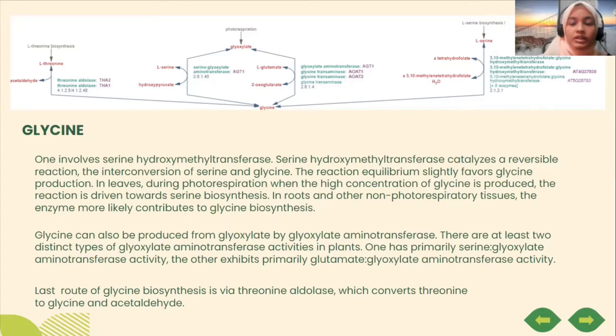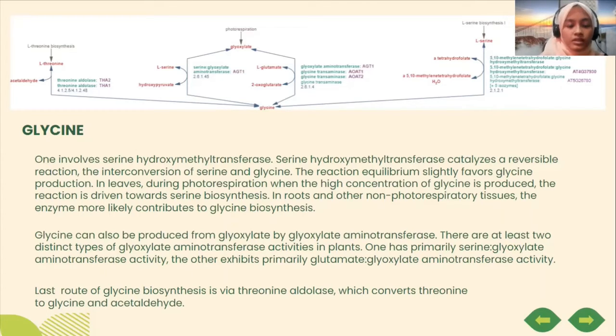For example, in the leaves, during the photorespiration process, when a high concentration of glycine is produced, the reaction is driven towards serine biosynthesis. And in roots and other non-photorespiratory tissues, the enzyme will more likely contribute to glycine biosynthesis.